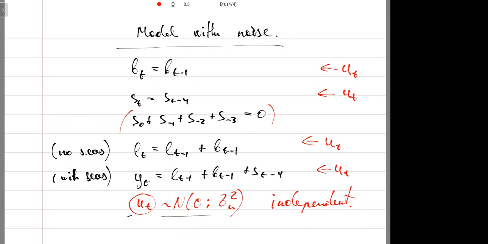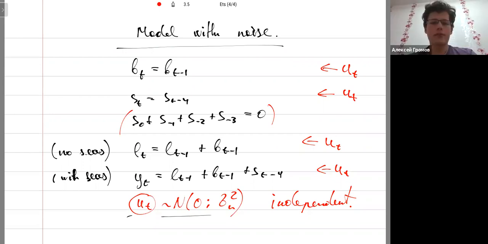The idea is that ut may influence all equations, but with different intensity. Usually the effect on the current value is the biggest one, and the long-term or seasonal influence is less than the immediate influence. So I will introduce ut in all the equations, but with different weights. Is the idea clear?